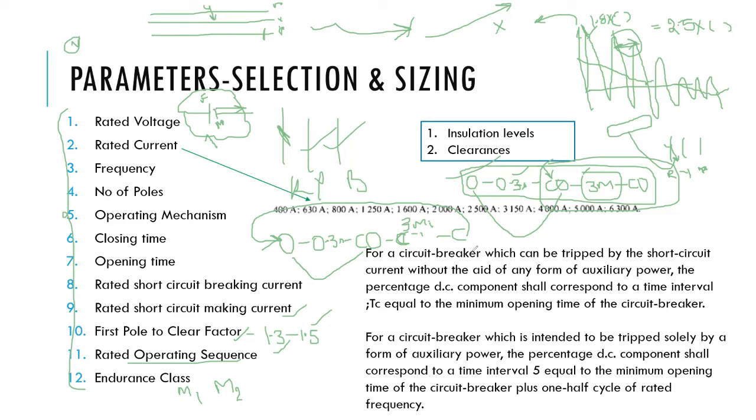It is 25 kA plus the DC component. How much DC component depends upon the X by R ratio, the subtransient reactance over the resistance of the generators. We consider the X by R of the system. So this is the DC component.